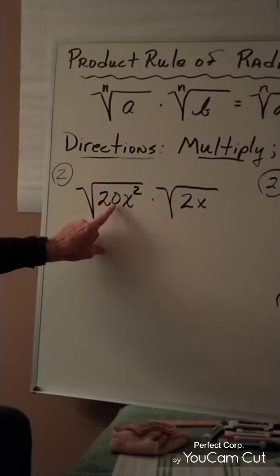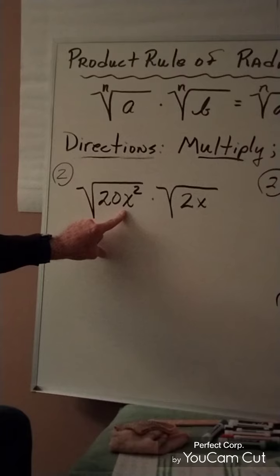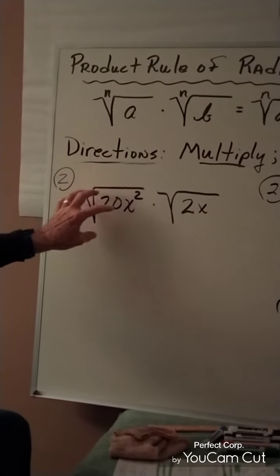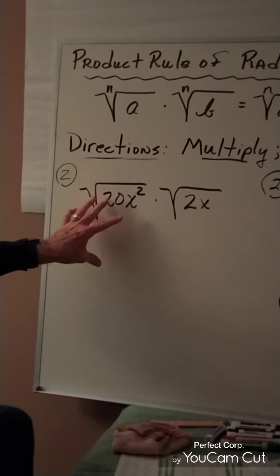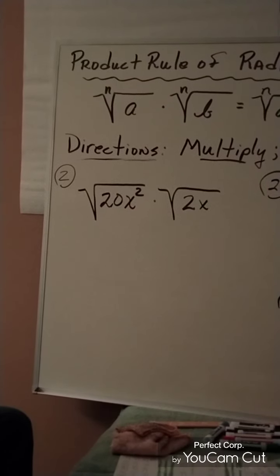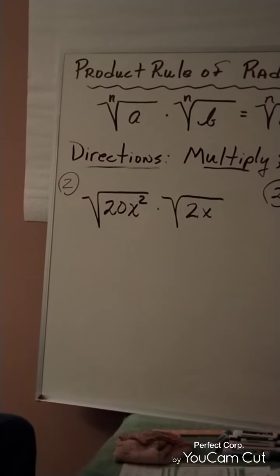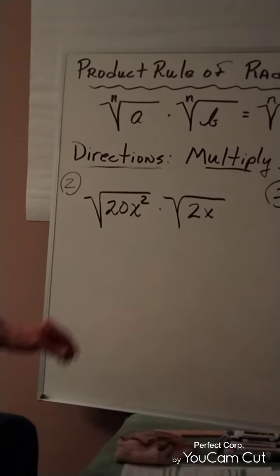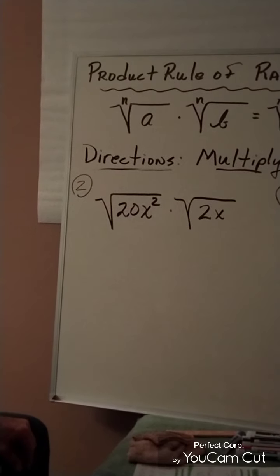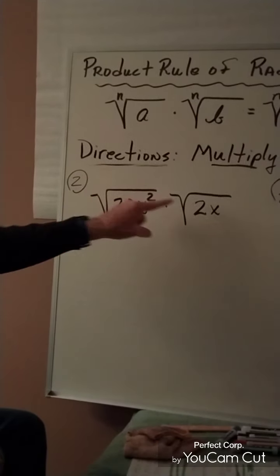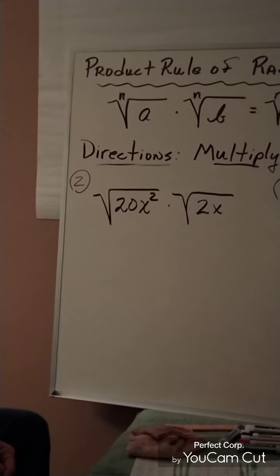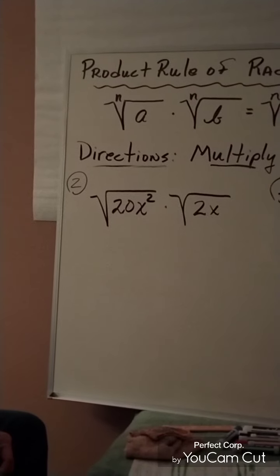And you very likely would also see that the x squared is a perfect square. You could simplify this first radical down to its full answer and then multiply by that radical of 2x. I don't know if I would suggest that. I believe it's just as nice to multiply the two radicals together, even though 20 times 2 will generate somewhat of a bigger number. The numbers are never too big to work with, because you can always prime factor.